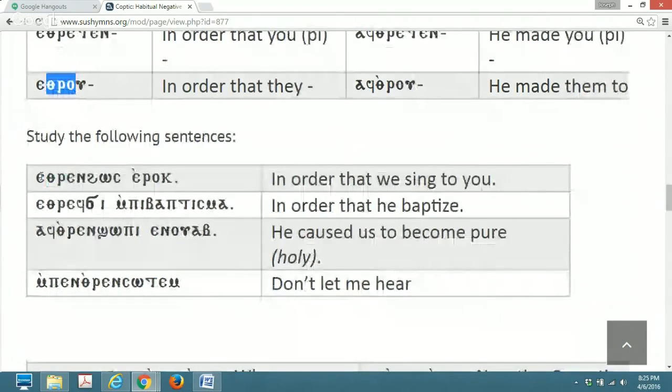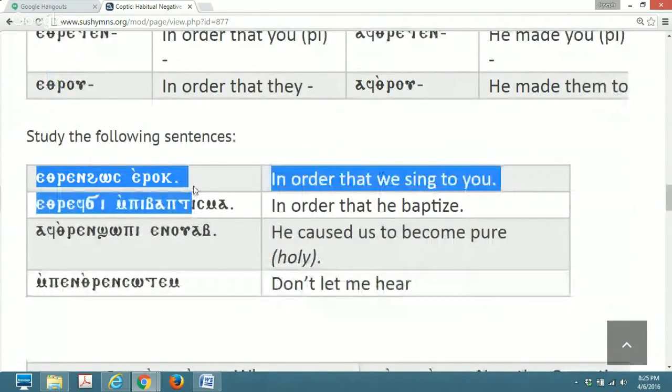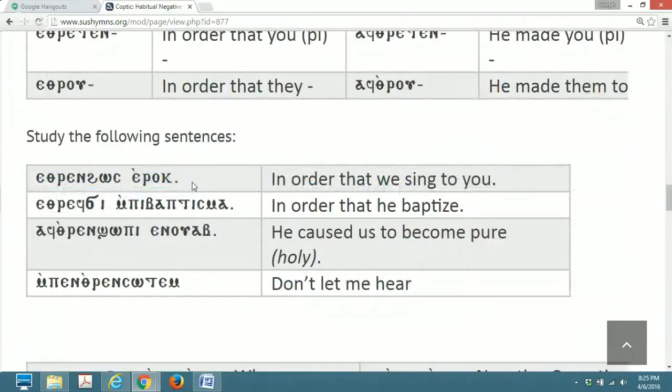Okay. So we know etheren hos erok is from, what do you call it, from the verses of the symbols. So etheren hos erok, so that we, or in order that we, sing to you.